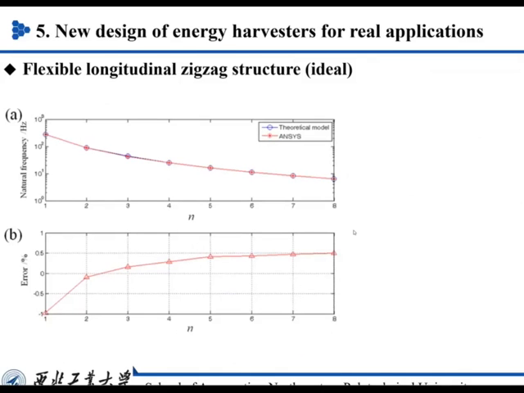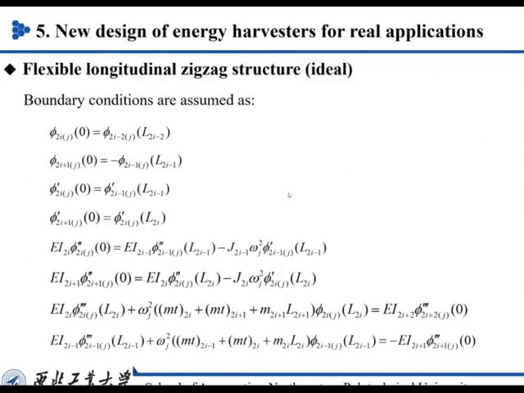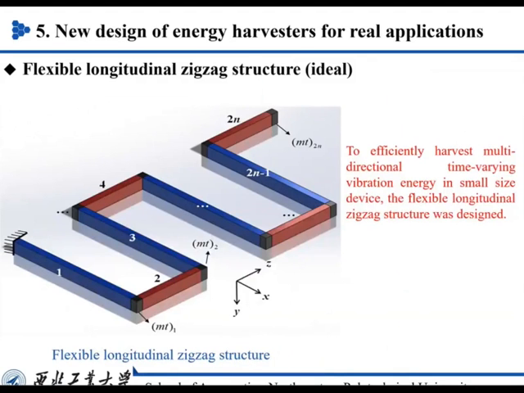We compared it with the finite element method. This is the result from ANSYS. I would like to explain what the ideal zigzag structure is. The ideal zigzag structure means the joint error is very small. In this picture, between the blue beam and the red beam, there is a joint error.